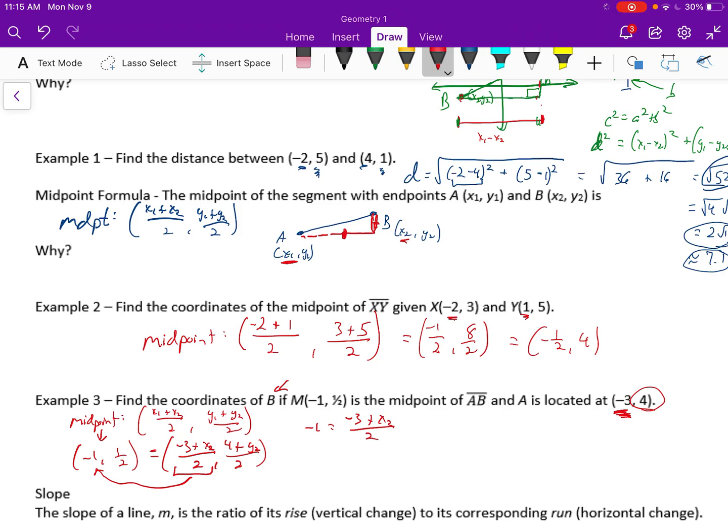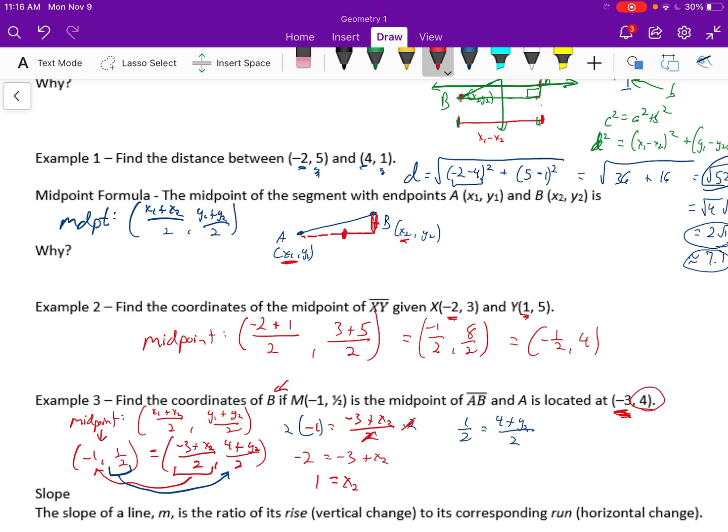You can solve that, multiply both sides by 2. And we get negative 2 equals, the 2 cancels here, negative 3 plus x sub 2. Add 3 to both sides, so the x value of the point we want is 1. And then we can also find the y value because 1/2 has to equal 4 plus y sub 2 over 2.